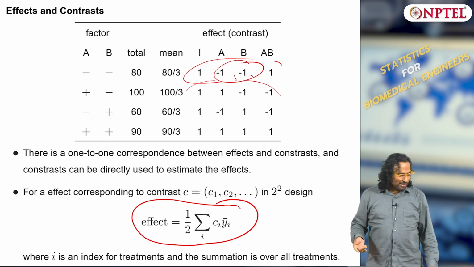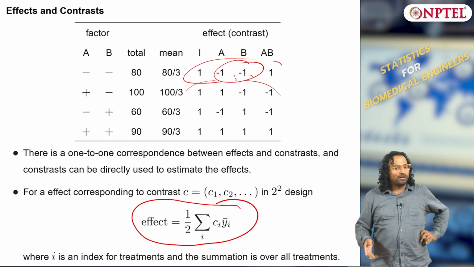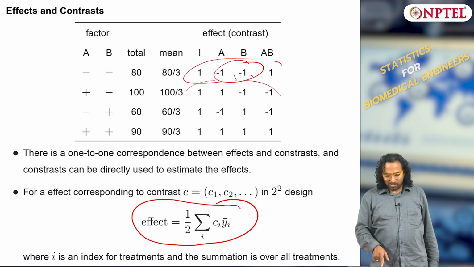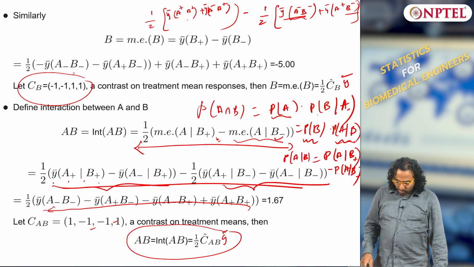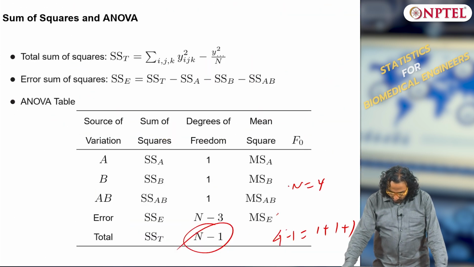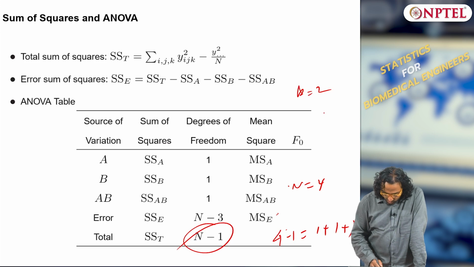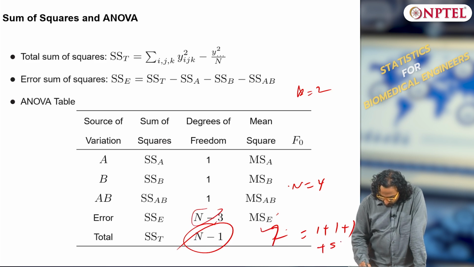The degrees of freedom will increase depending upon the number of replications. You do not need many replications, because even with 2 replications I will have 4 into 2, 8 minus 1, so 7 total, and error degrees of freedom will be 3.